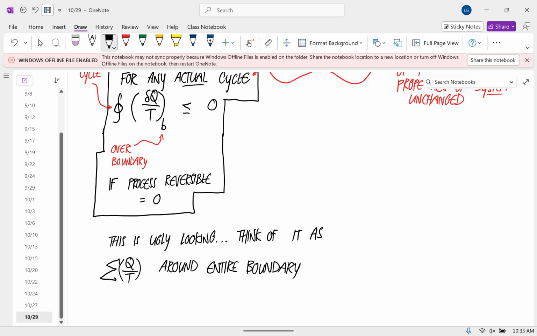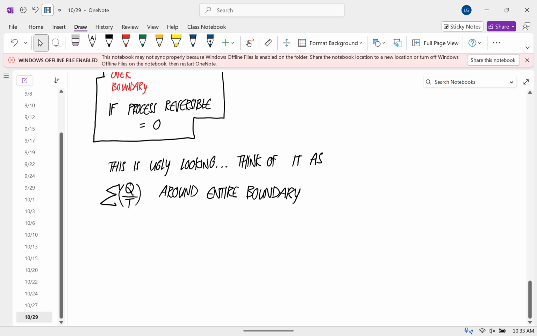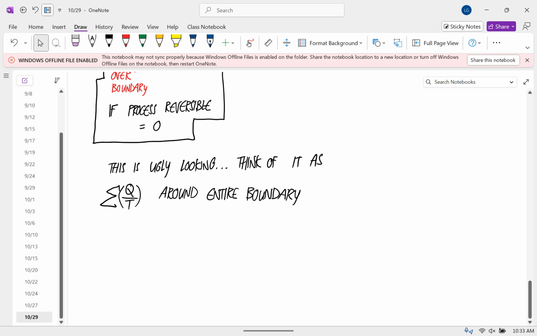Okay. So I can give you kind of an intuitive idea of how the Clausius inequality works.